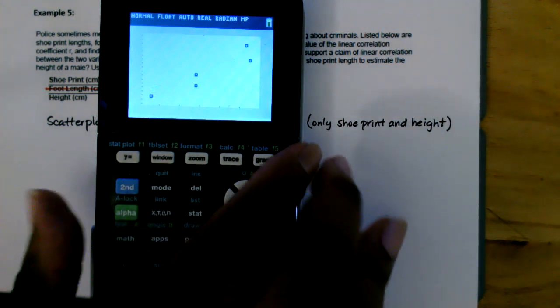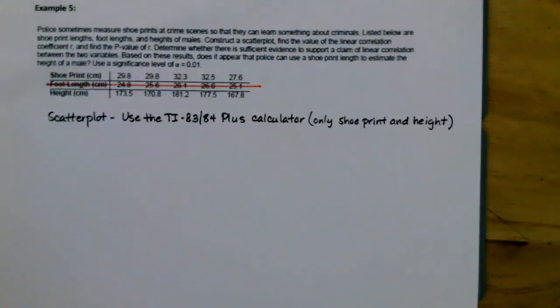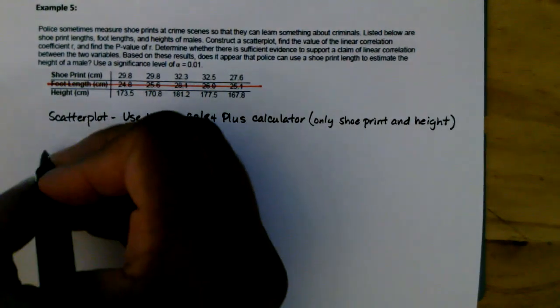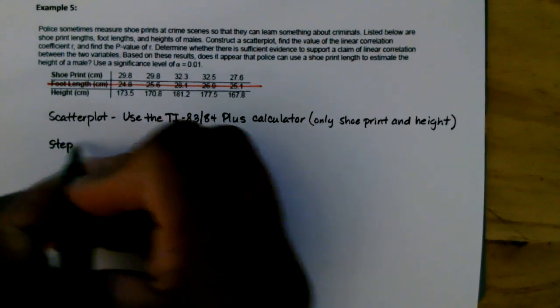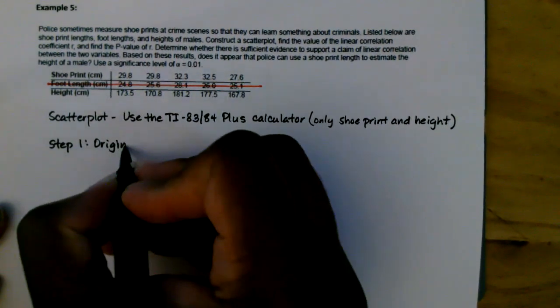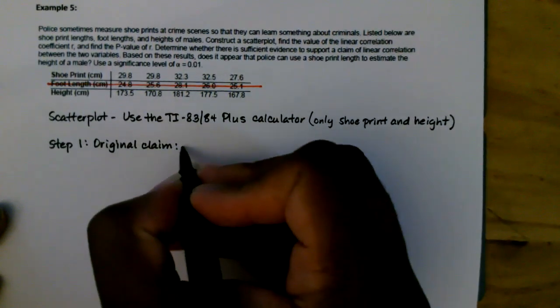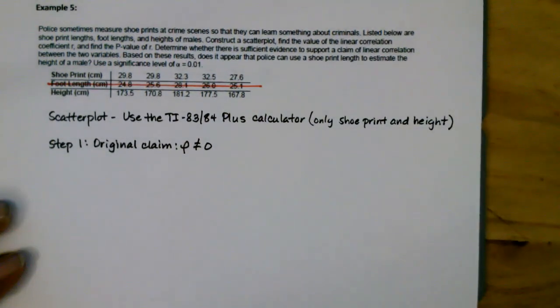Okay, so now let's do our 8-step procedure to determine whether we have a linear correlation between these two variables, shoe print and height. So step number 1 is the original claim in symbolic form. In this case here, rho is not equal to 0, meaning that there is a linear correlation.